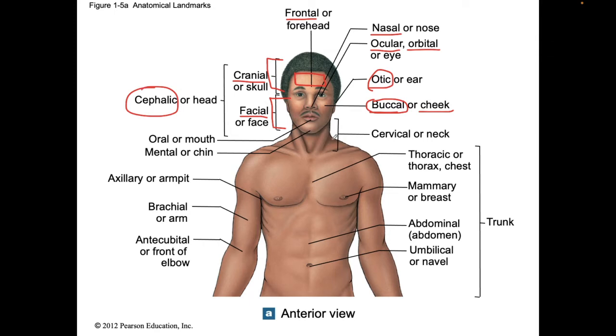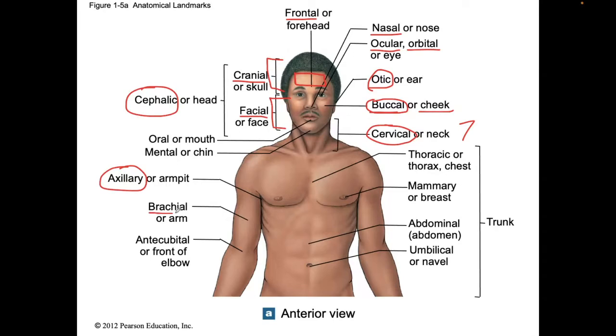The neck is cervical. We have 7 cervical vertebrae. The armpit is axillary. So when we get to blood vessels and we talk about an axillary artery and an axillary vein, you'll have an understanding as to where it may be.